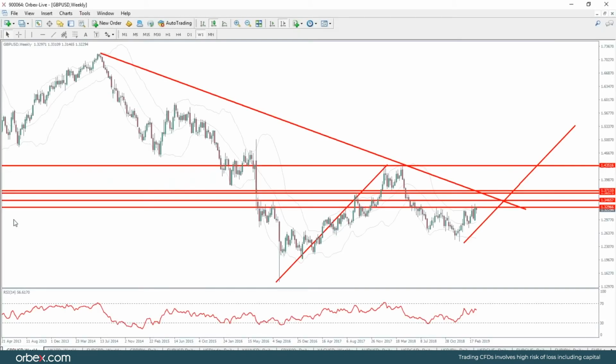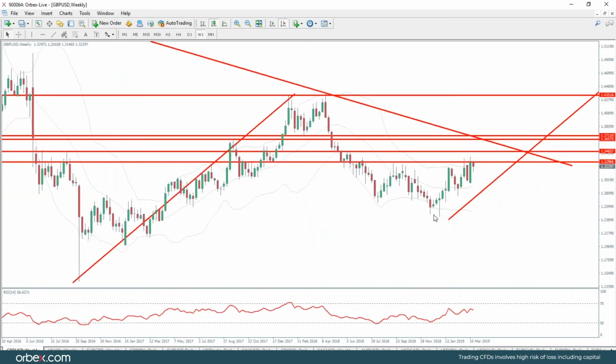So you can see sterling dollar, we're in a very interesting situation at the moment. Following the lows that we printed in late 2018, early 2019, you can see that we've been grinding higher. I'm actually here on the weekly time frame at the moment, just checking out the higher time frame chart. So we've been grinding consistently higher from those early 2019 lows, and we've posted a fairly consistent recovery so far.